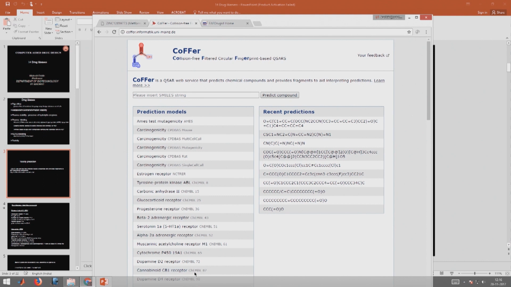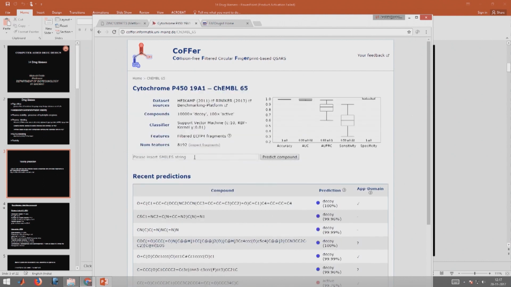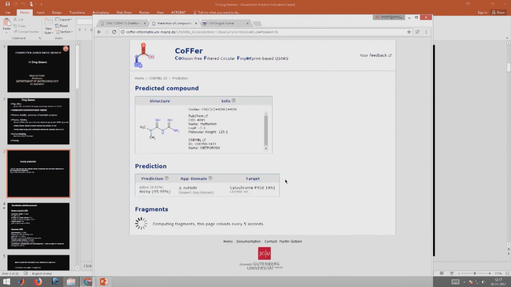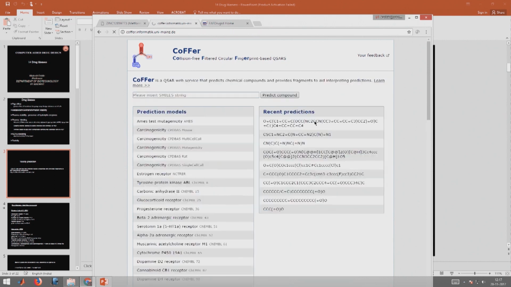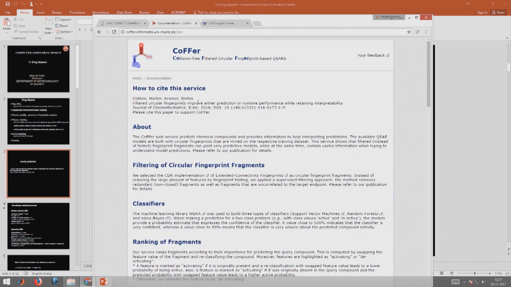We can even look at, say, cytochrome P450, as I had shown before. Cytochrome P450 is involved in many of these activities, so we can predict whether these compounds are part of the cytochrome P450 activating. So this software can give you a lot of information that predicts chemical components and fragments, adding to the prediction.